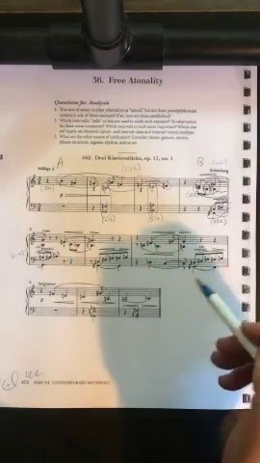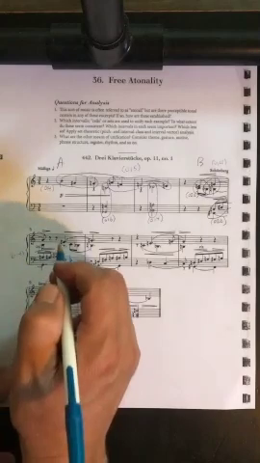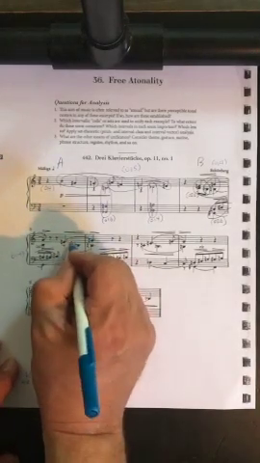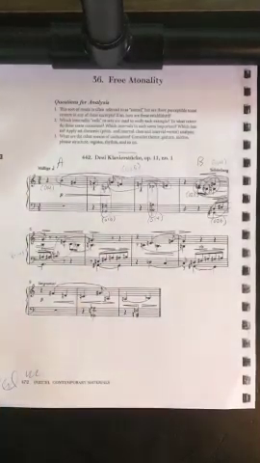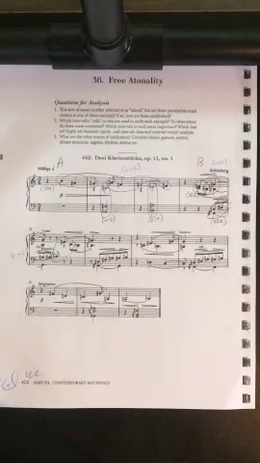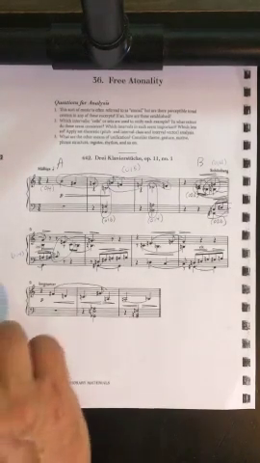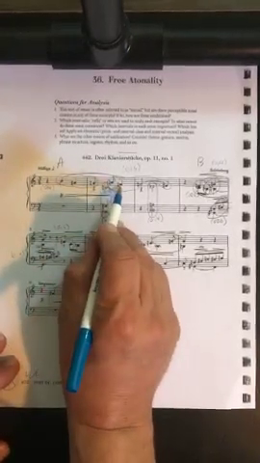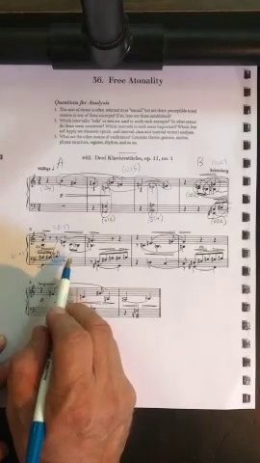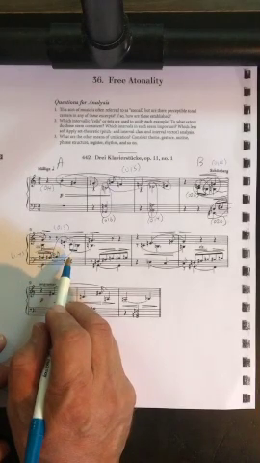And then we've got this. Well, let me show you one more thing, which is this here. So then here's a 0, 1, 5, which we had earlier, the incomplete major 7th chord.